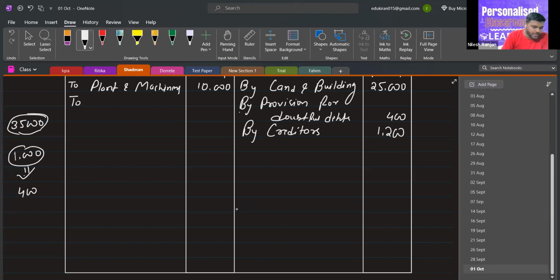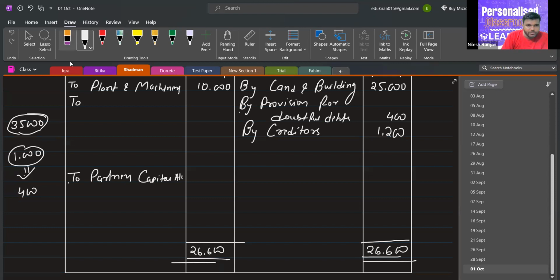The capital of the partners be adjusted on the basis of contribution. So now there is no other adjustment to be done. Yes, sir. So total amount 26,600 it is. 26,600, and two partners' capital account.